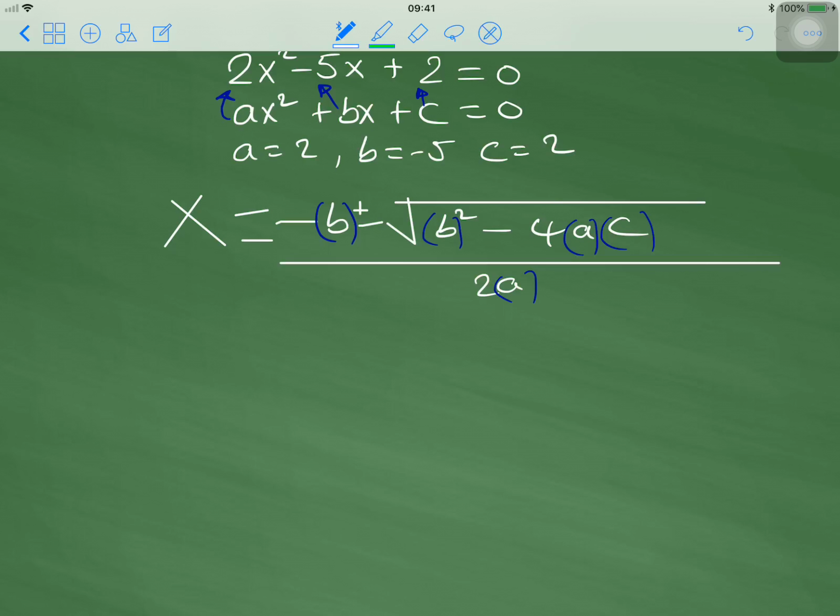So the formula: x equals minus, we just substitute the value, minus b, so b is minus 5, so I'm going to write minus 5, plus and minus the square root.